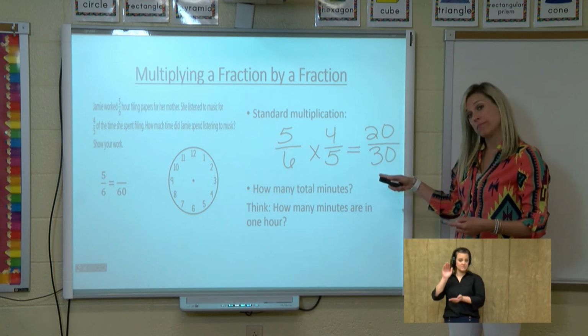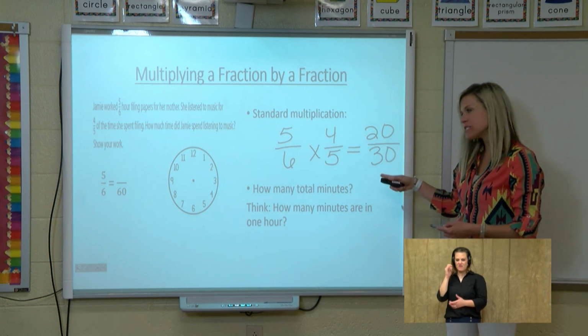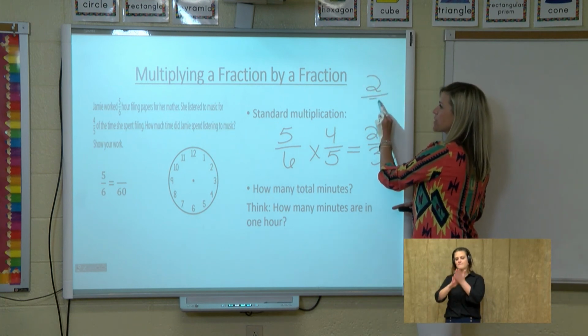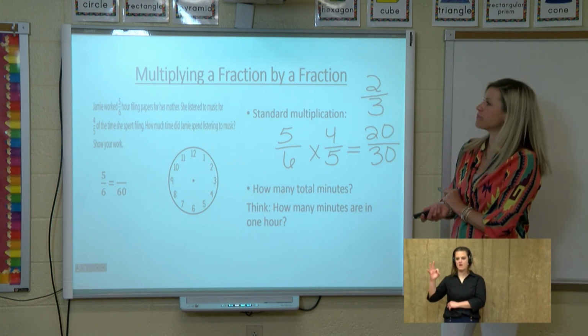Can I make that more simple? Yeah, I can. And if I were to make this as simple as possible, it would become 2/3. 2/3 of the time. Good job.